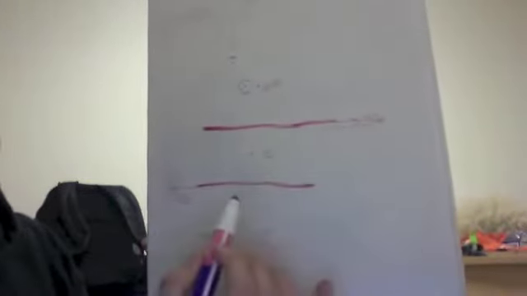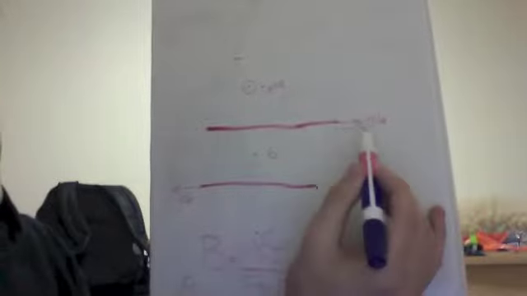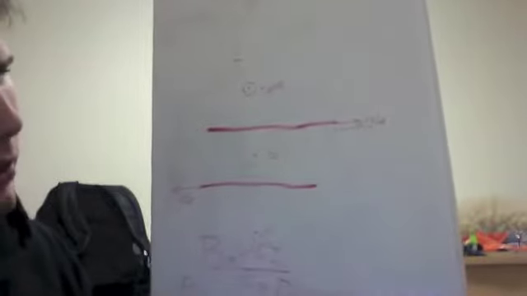And since this one's closer, the magnetic field is going to be greater from that one, so we know that the net magnetic field at that point is going to be out of the page.